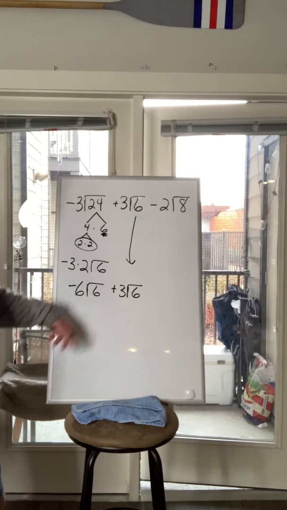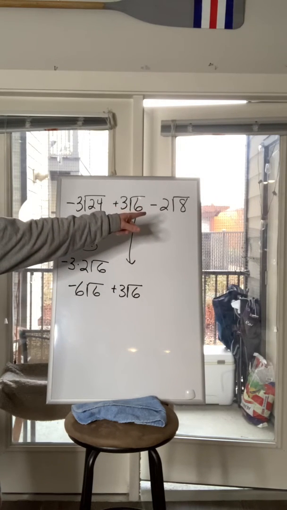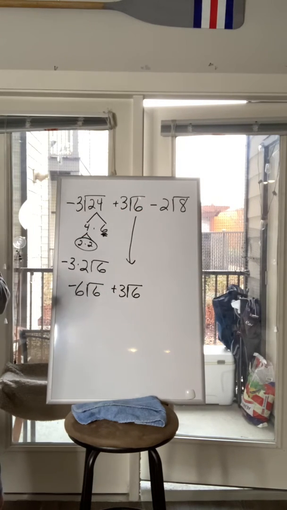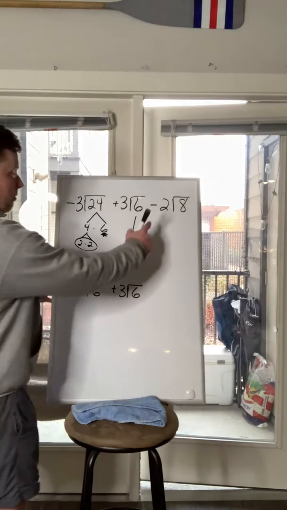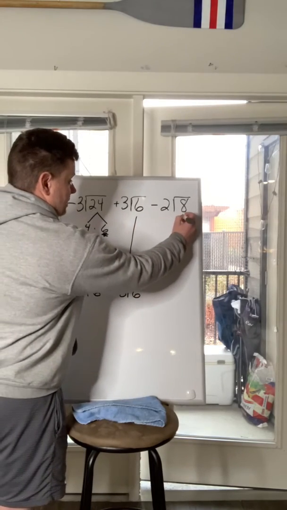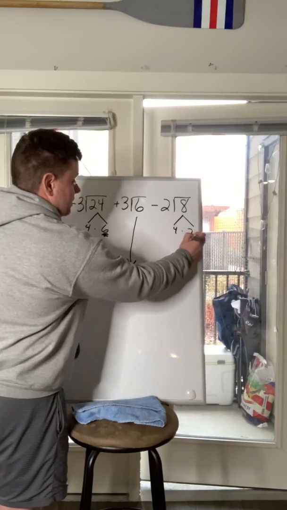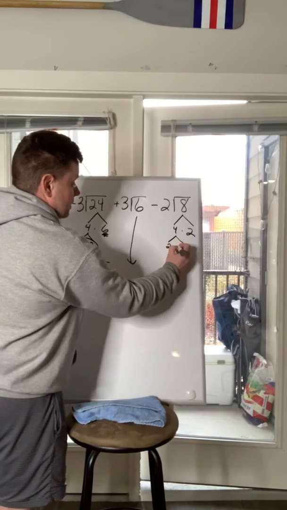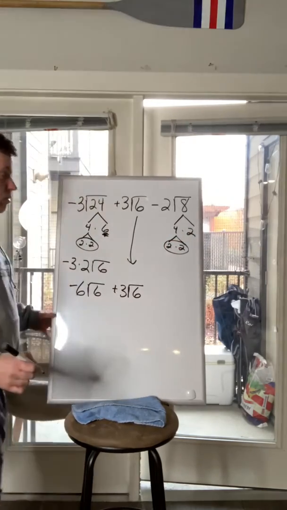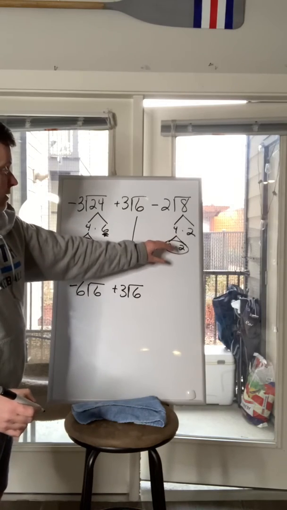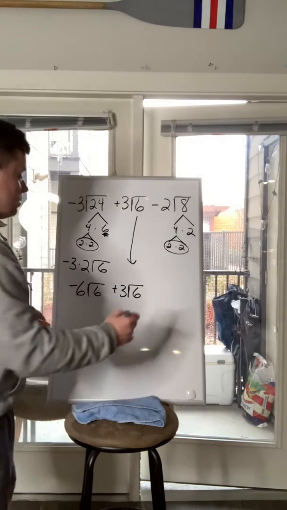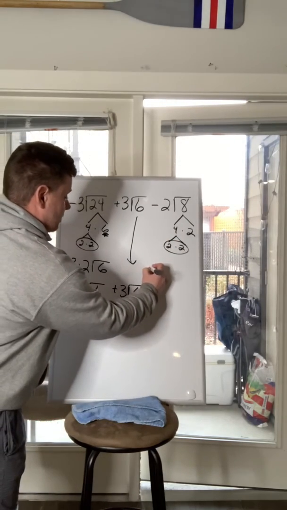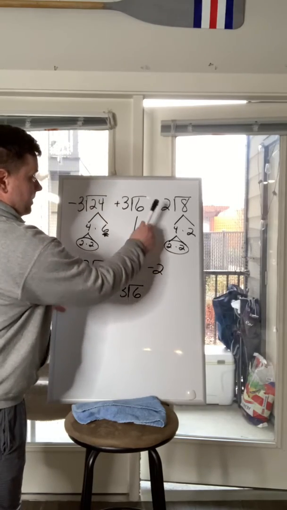Okay? But let's just break down that square root of 8 just to make sure and see if we can combine that at all. So minus 2 square root of 8. So I'll break that down into 4 times 2. And then the 4 has, again, got a pair of 2's. So the square root of that 2 times 2 is going to be a 2 on the outside. So we have the minus 2 that was already there.